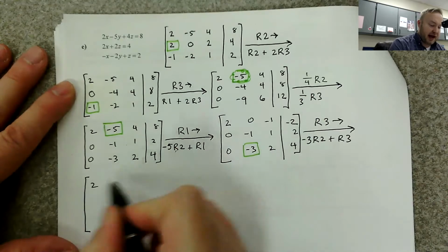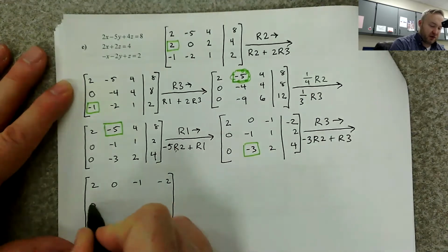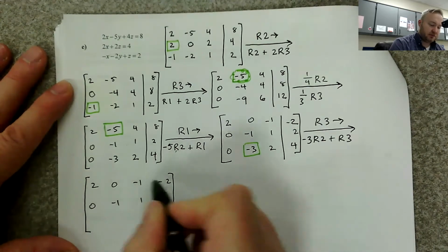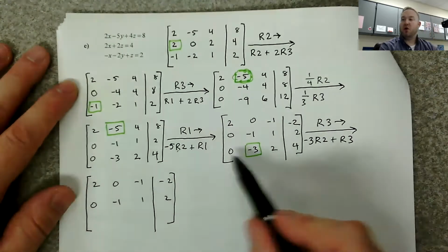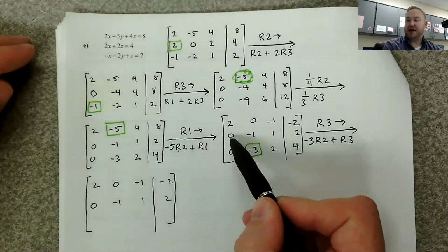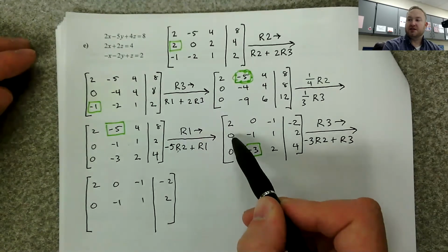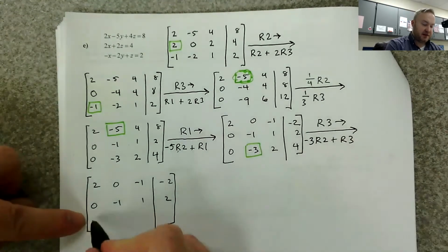Okay, let's recopy the rows that we're not changing, which is the first row and the second row. And let's do our row operation on row 3. I'm taking the number in the second row, multiply it by -3, add the number below it. So 0 times -3 is 0. 0 plus 0 is 0.